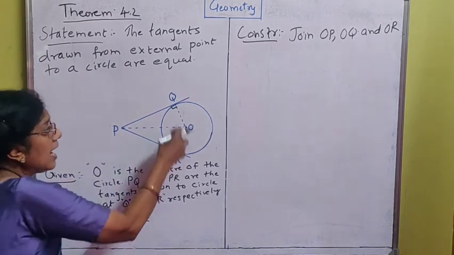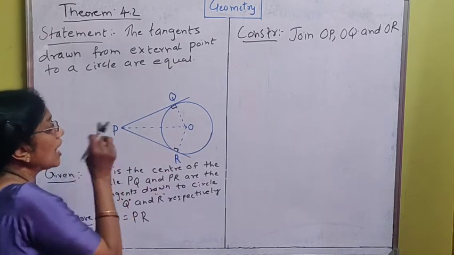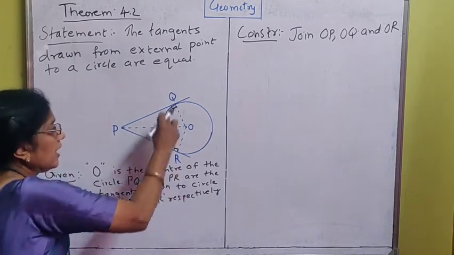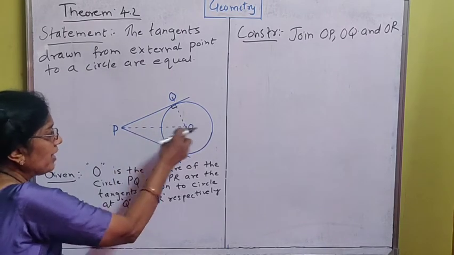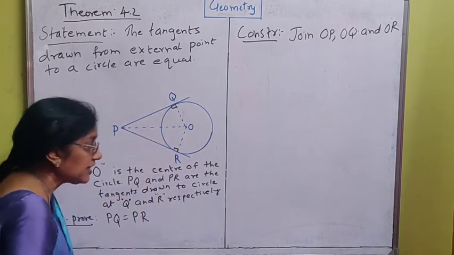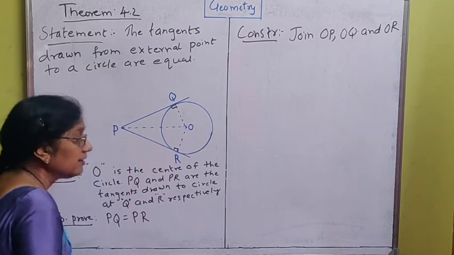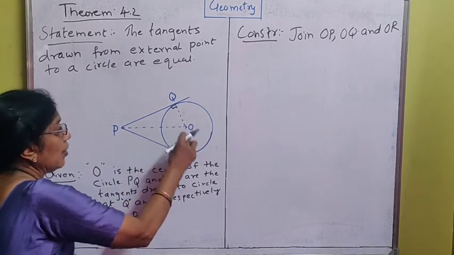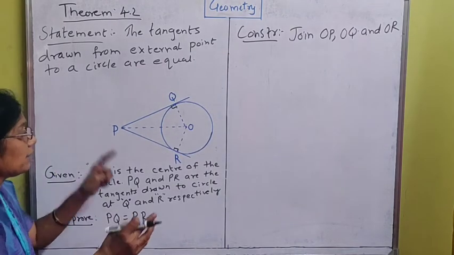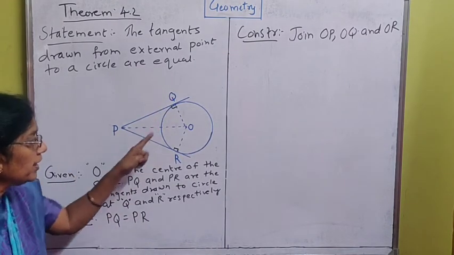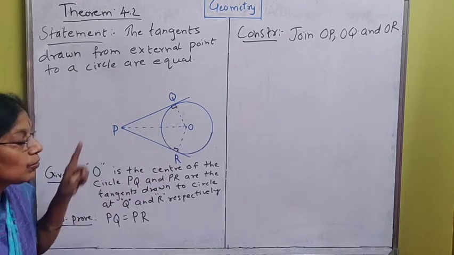Right angle: angle OQP and angle ORP are equal to 90 degrees because the radius and tangent are perpendicular. Then hypotenuse: OP is equal to OP, a common side. Then another side: OQ and OR are equal because they are radii of the same circle. So we can prove triangle OQP is congruent to triangle ORP.